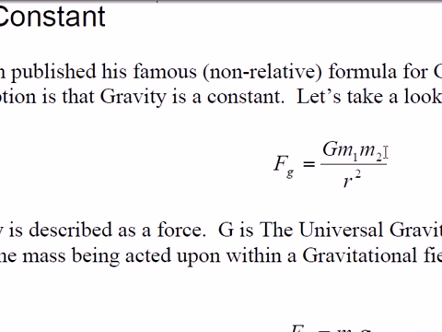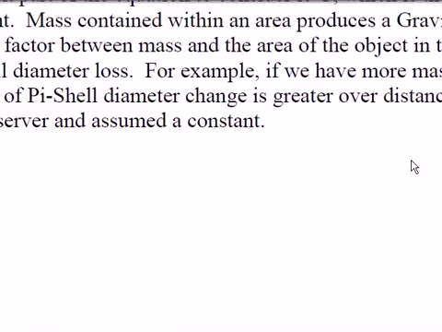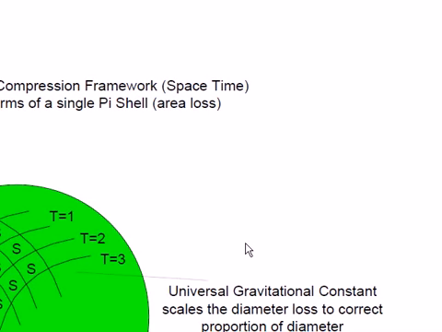That's the force of gravity, right? Now, what is gravity in pi space? What gravity is in pi space is really simple. It's basically atoms or pi shells changing their area, right?